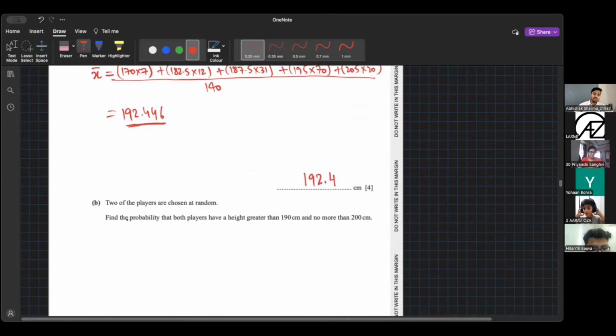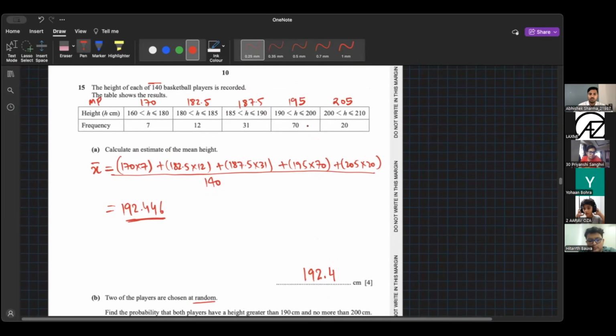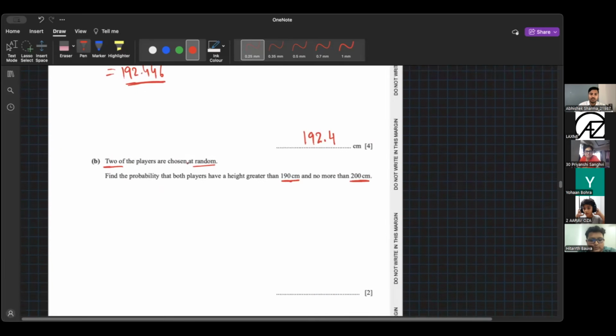Perfect. Let's move on to the second part now. It says two of the players are chosen at random. Find the probability that both players have a height greater than 190 and no more than 200. So we have to check how many students are there from 190 to 200. 70. And two players are chosen at random.